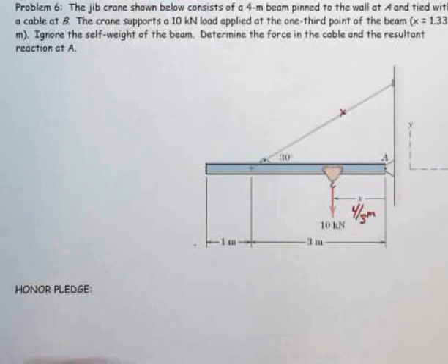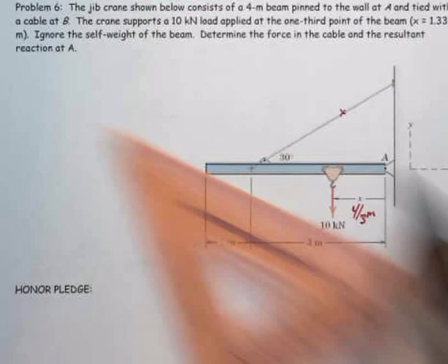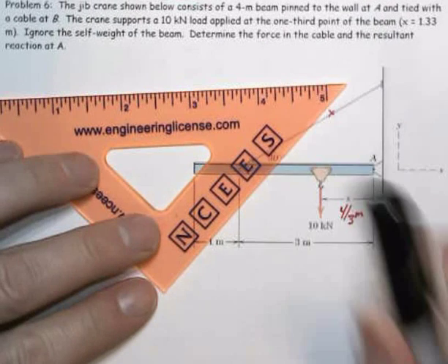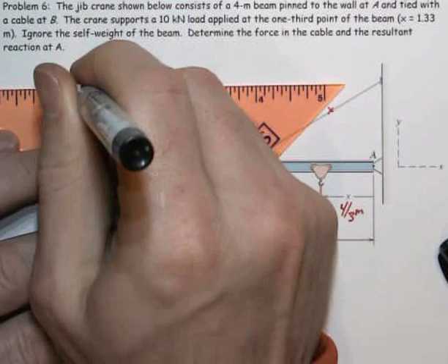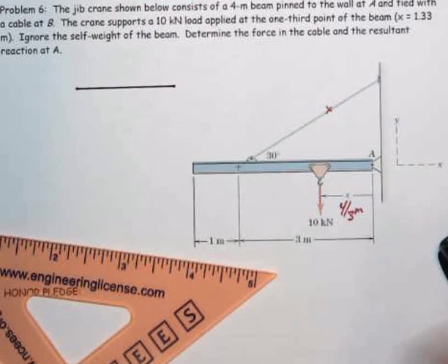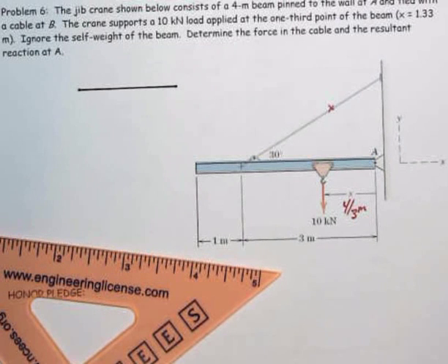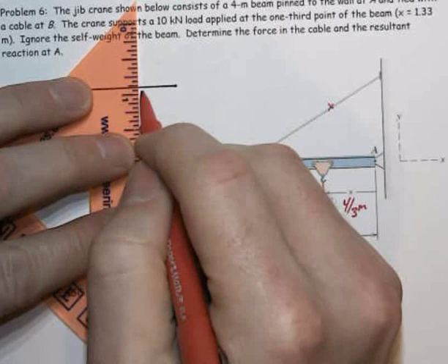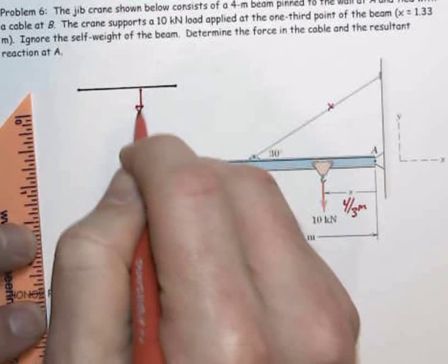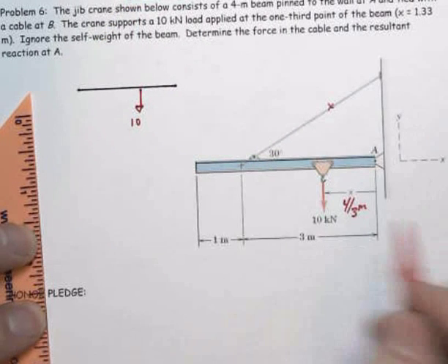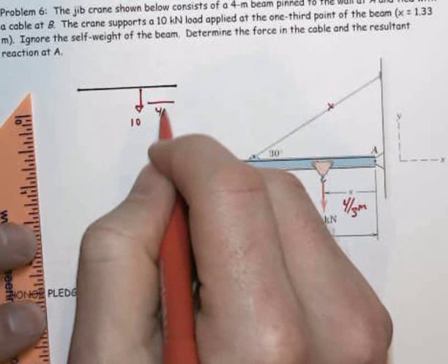Right, so let's start off the problem as we always do with a free body diagram. And so I'm going to put it up here. There's our beam. And now we start putting forces on there. We've got the applied force of 10 kilonewtons at 4/3 meters from the right.